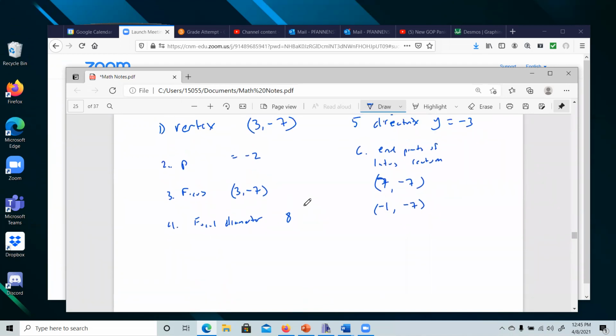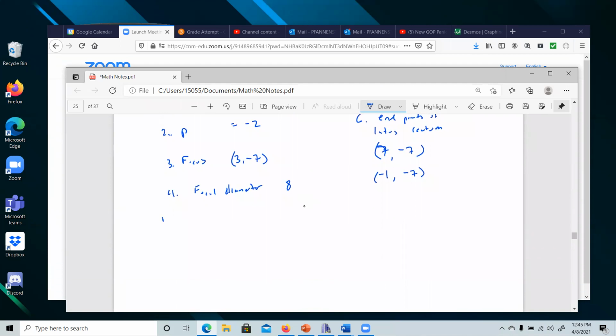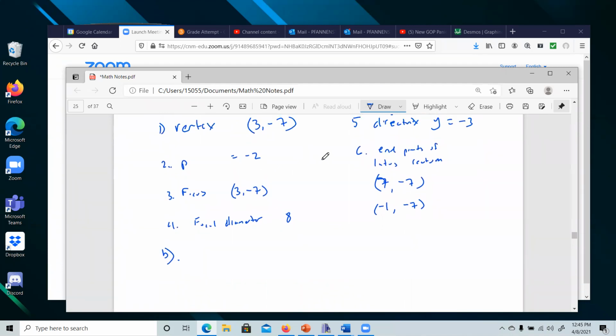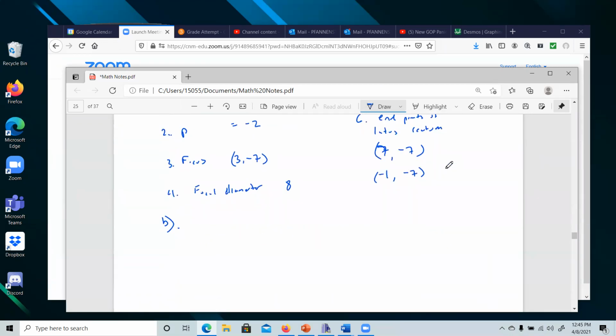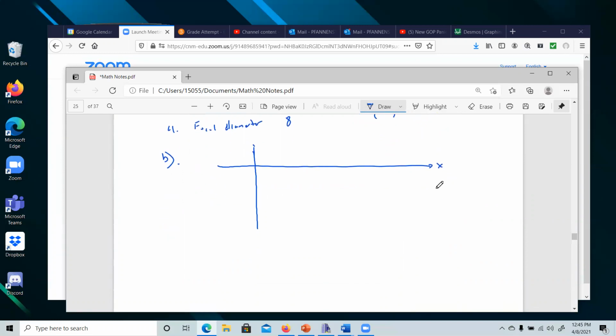And last thing here is graphing it. So now that I have the information sitting here, I'll probably have a better chance of graphing it. So we'll be a little bit more careful. Here's my y. And then we have 1, 2, 3, 4, 5. 1, 2, 3, 4, 5, 6, 7.